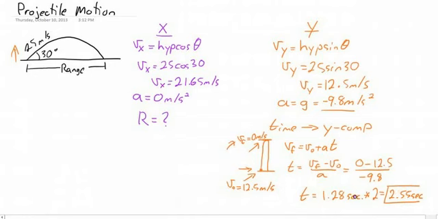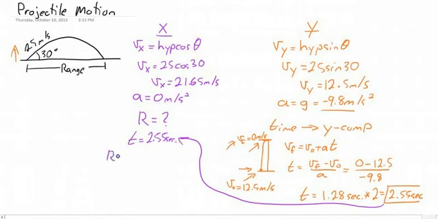So just like before, we take our time and we move it over to the x-axis. So time equals 2.55 seconds. And we can use the same formula as before: range equals velocity in the x direction times time.